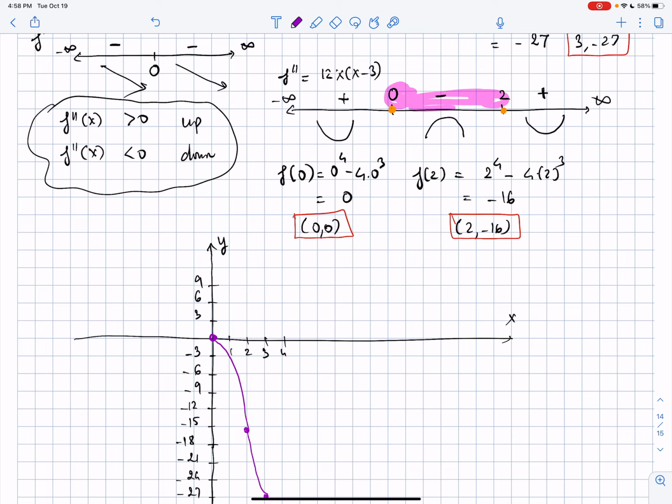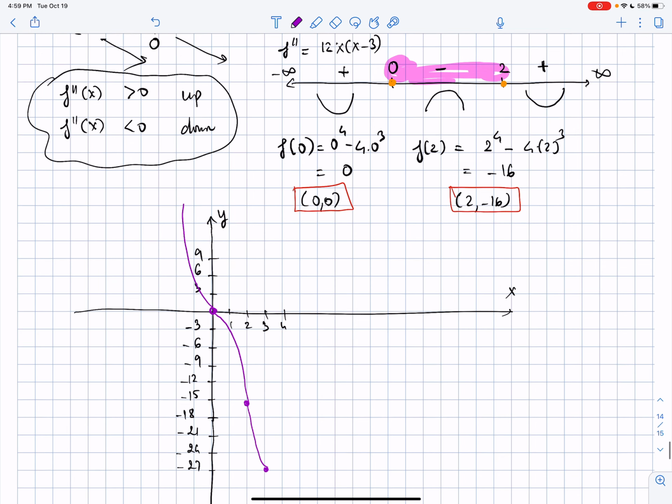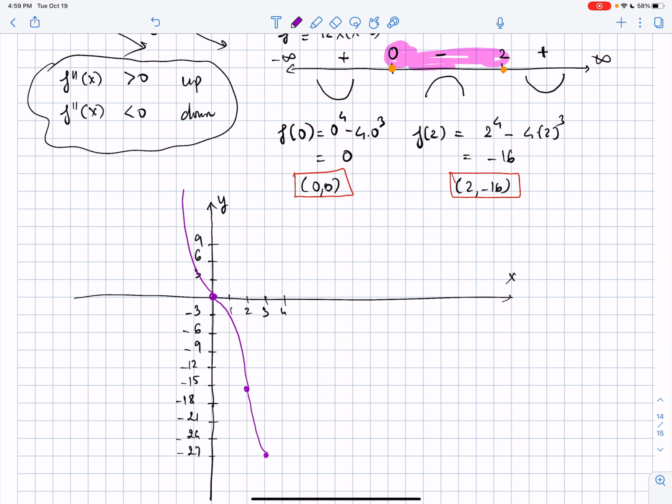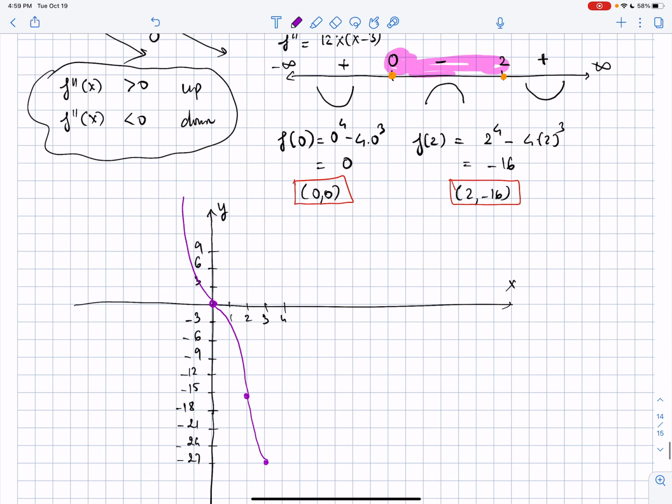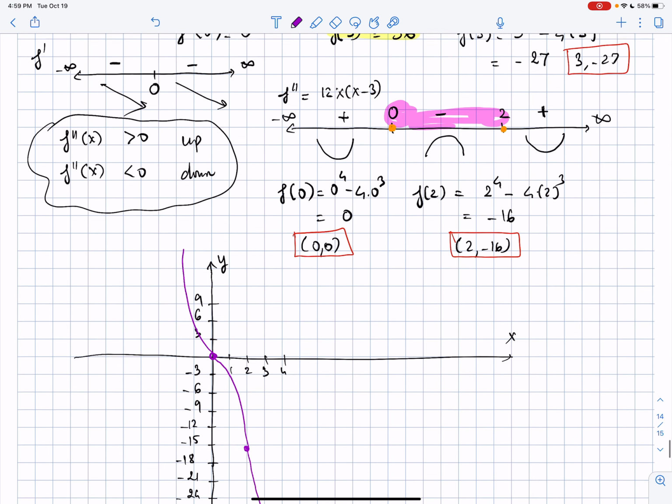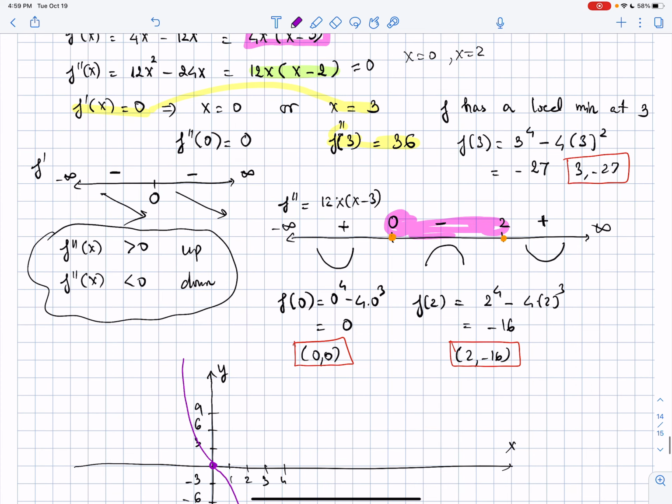Less than 0 is concave up. So we have like this. And then we have concave up after the 2.